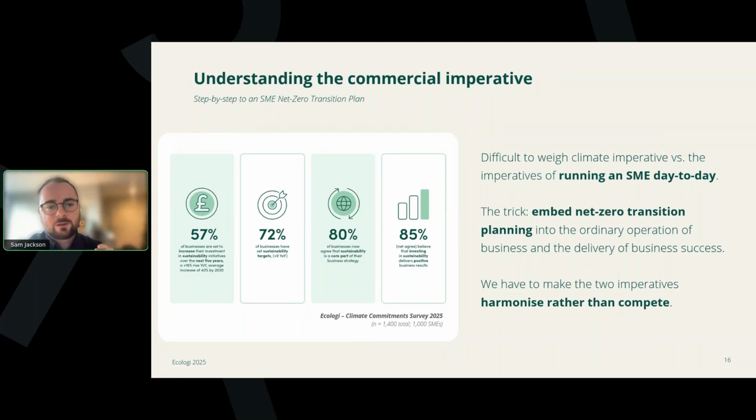And I guess the case that I want to make is that last one there is the one that's going to convince the stakeholders in your business and on your board to take the action that's going to stimulate a net zero transition plan.